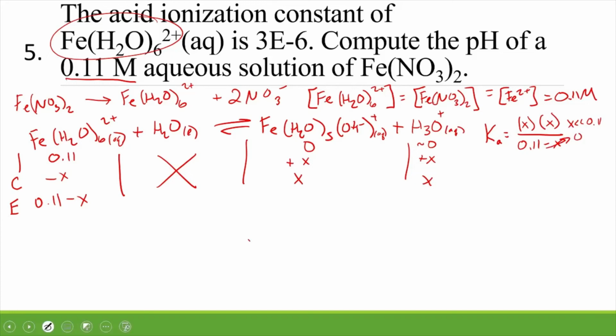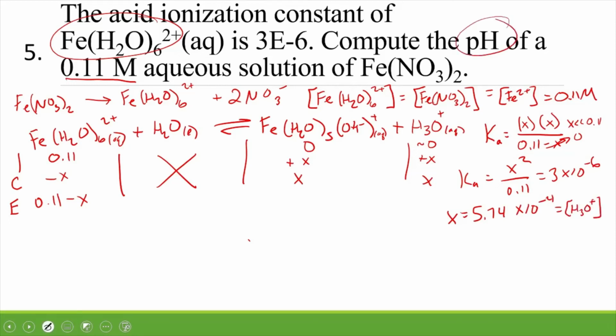So now we get that Ka equals X squared over 0.11, and Ka is equal to 3 times 10 to the negative 6th power. So then solving for X, you get that X is equal to 5.74 times 10 to the negative 4th power, and that is our hydronium concentration.